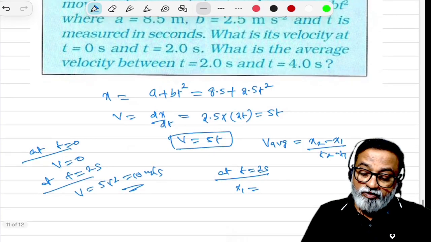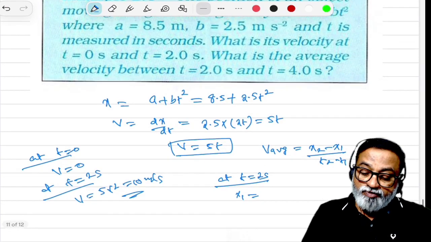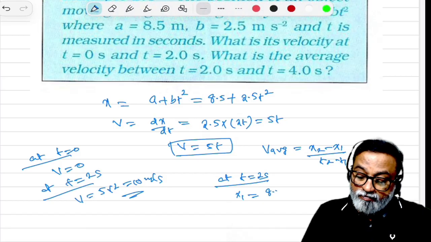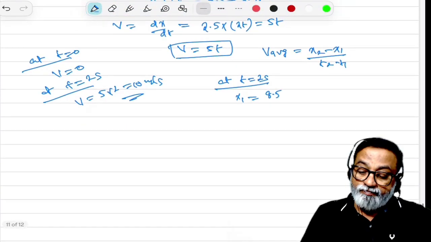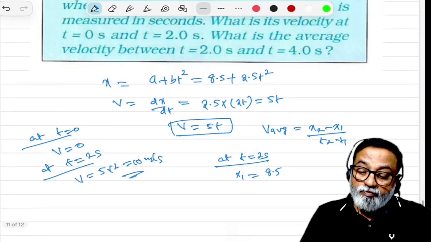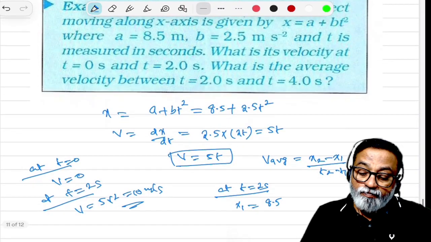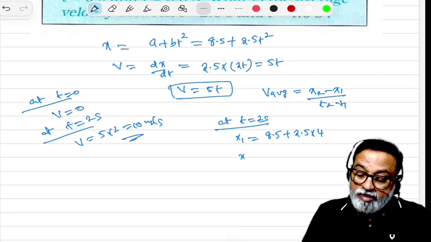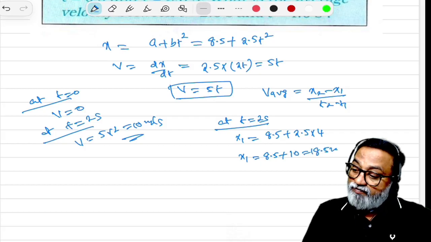Therefore, x1 is equal to, I have to substitute in this formula, 8.5 plus 2.5 t square. Here t is 2. Therefore, x1 is equal to 8.5 plus 10, this is 18.5 meters.